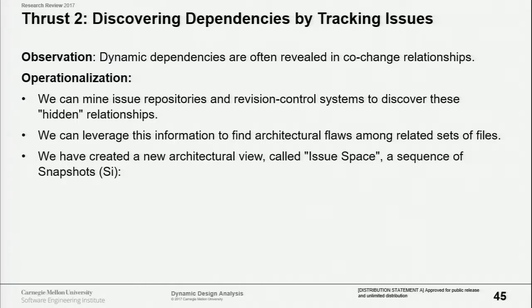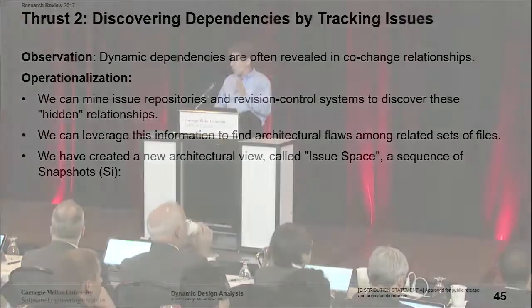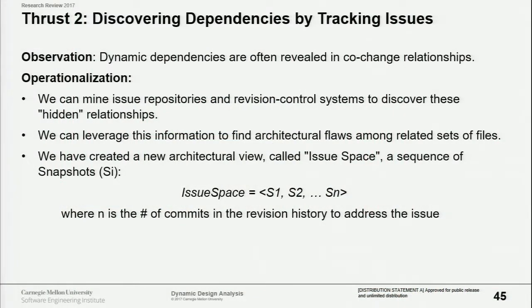So to do this, we created a new kind of architectural view that we call an issue space. And an issue space consisted of a series of snapshots of a system, essentially a series of commits over time, n commits representing the number of changes to that set of files in the revision history.